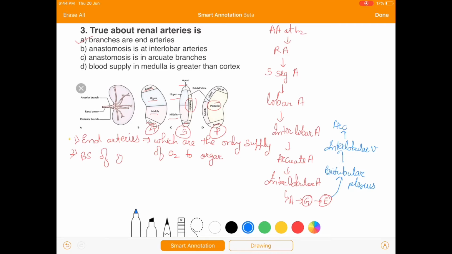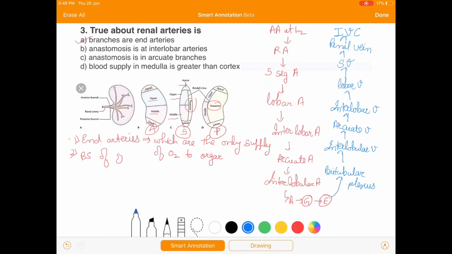Then is arcuate vein, which on converging forms interlobar vein, which on further converging forms lobar vein, which on further converging forms segmental vein, again converges to form renal vein, and then it forms inferior vena cava, IVC.